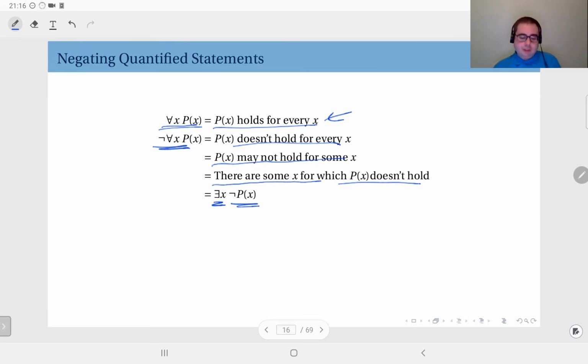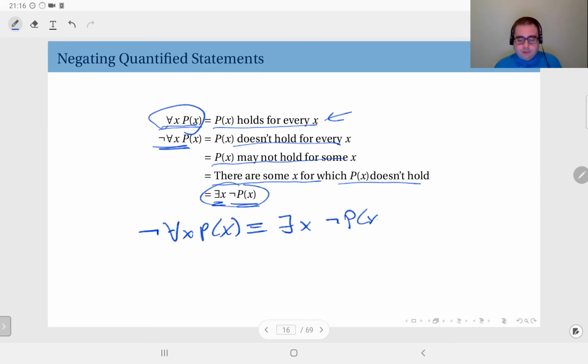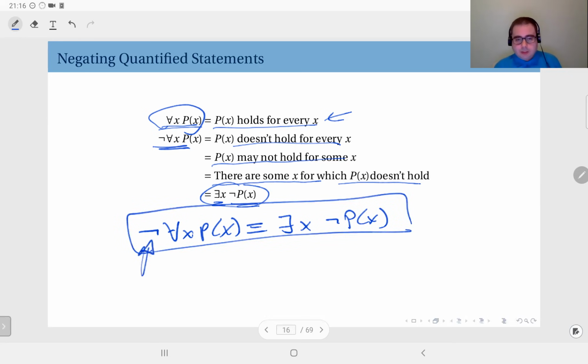So the negation of this statement is this: not for all x, p of x is equivalent to there exists an x, not p of x. This is how you move the negation inside a universally quantified statement.